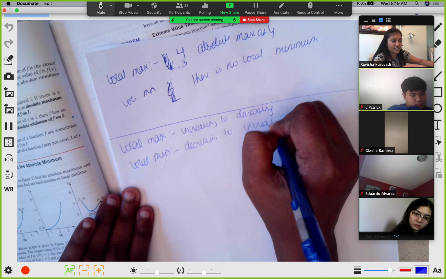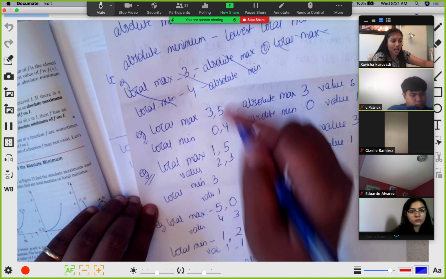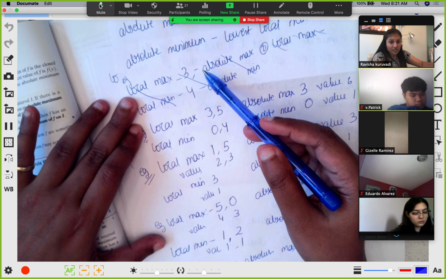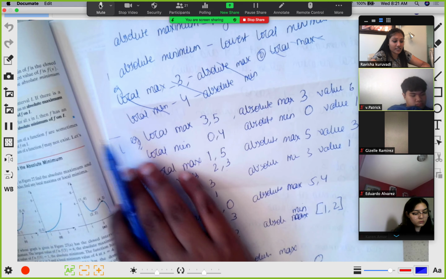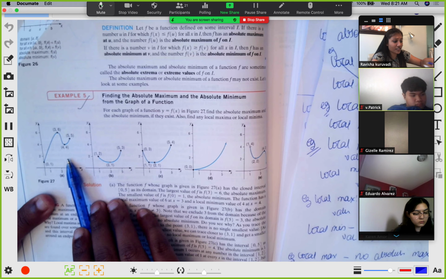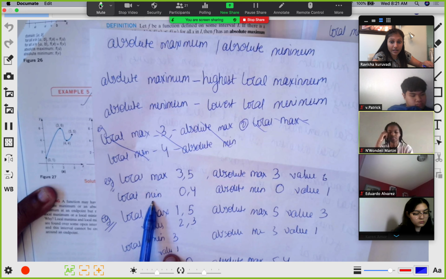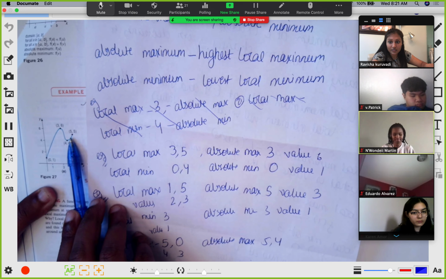In the previous example, when we were talking about absolute maximum, I wrote this as local maximum, local minimum. When I was finding, you said local maximum was at 3 and 5.